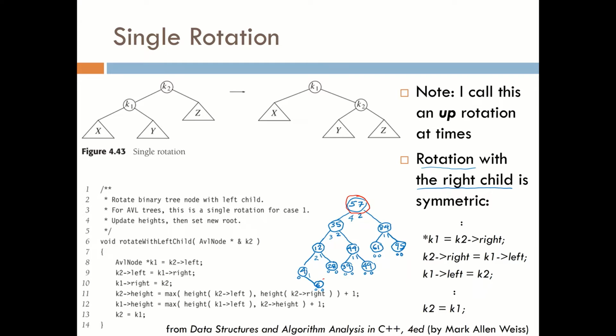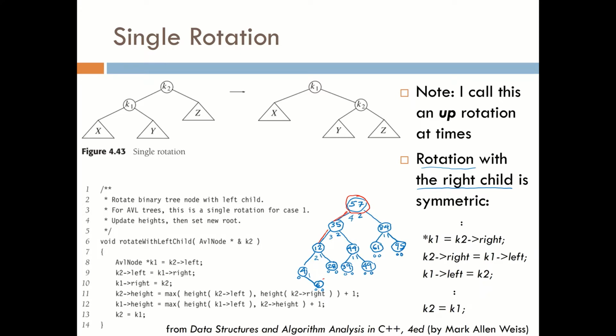So even though down here, if I was to take a look at this, I might be inclined to say that this is an inner case. This is an outer case because we're talking about these two subtrees. And so the insertion happened in the subtree rooted at 12, which happens to be 35's left child, and 35 is 57's left child, and 57 is the node out of balance.